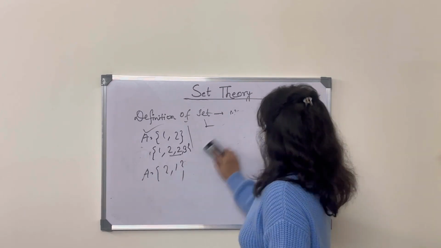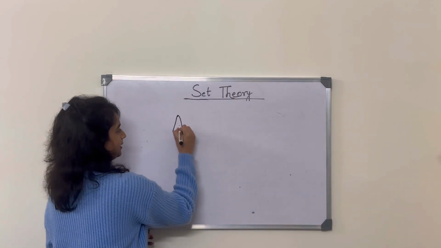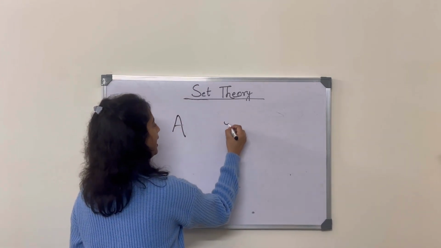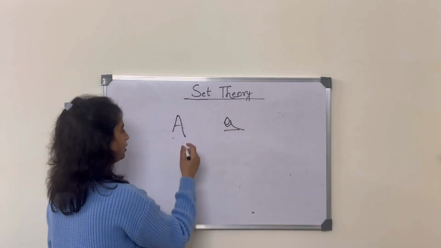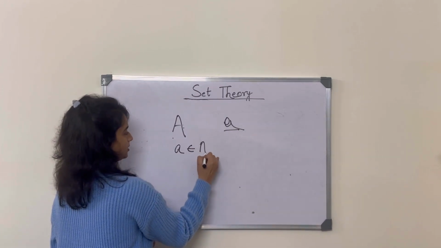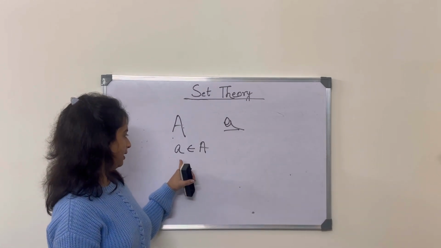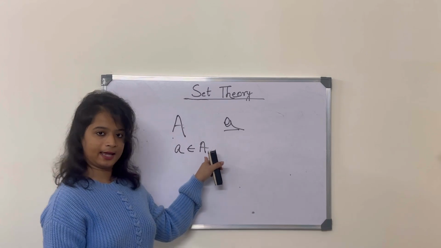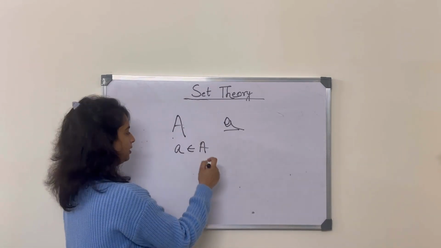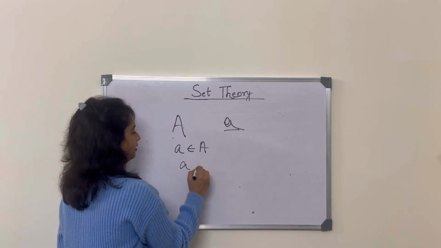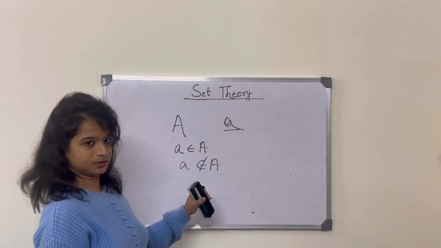Now, if capital A be a set, then an element a belongs to this set A is denoted by a belongs to A. And we will pronounce it like that: an element a belongs to the set A. And if an element does not belong to this set, then we will write it like that, a does not belong to the set A. Okay, that's it.